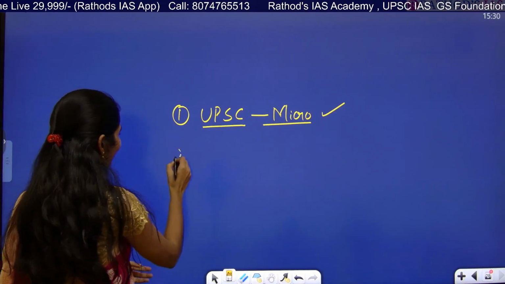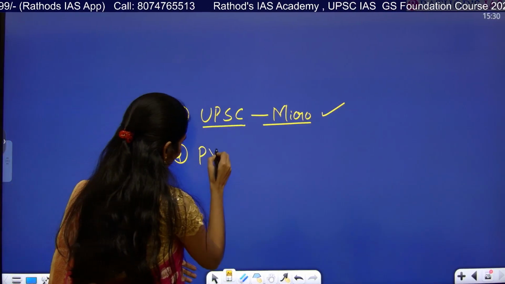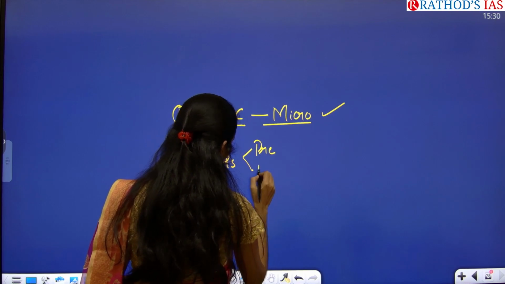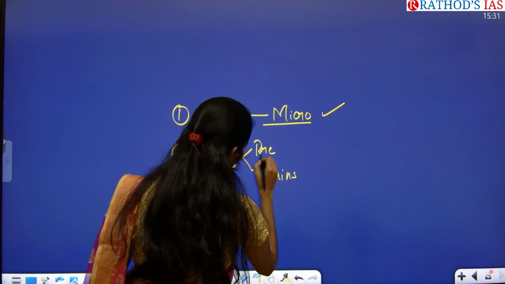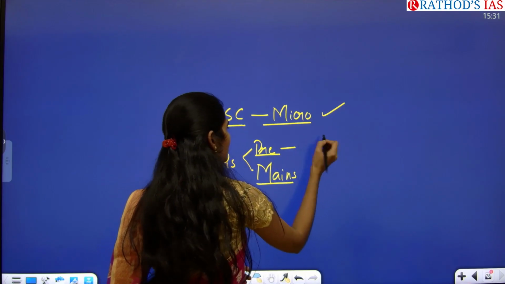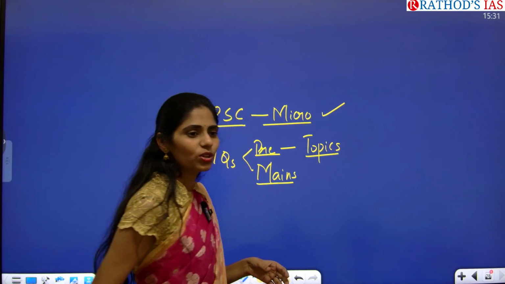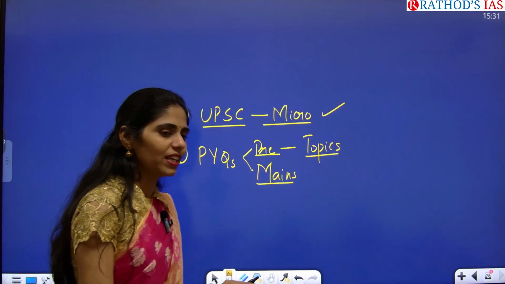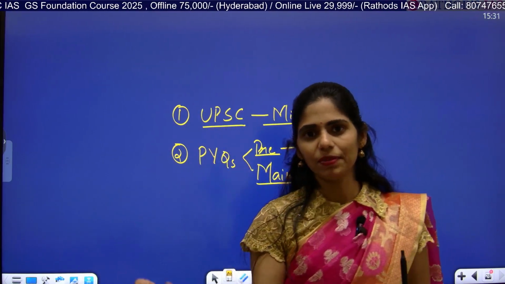The second one is that after completion of your class, take out the PYQs of both prelims and mains. If you see the prelims or mains practice questions, you can understand exactly on which topics questions are repeatedly asked. That means you can understand the repeated themes of UPSC. There are some areas where every year there will be questions in either prelims or mains.